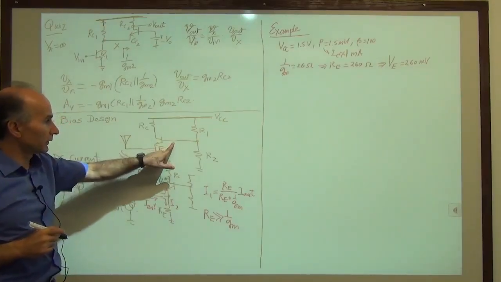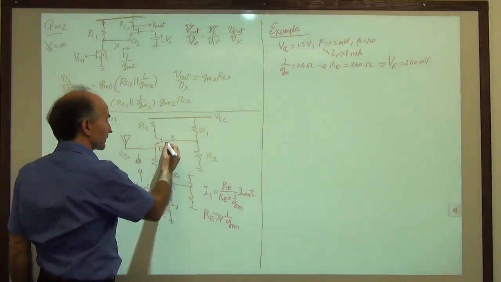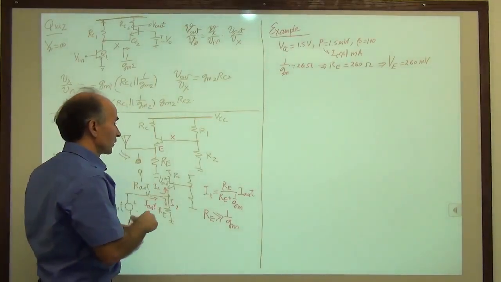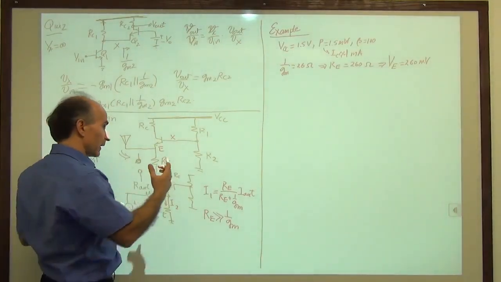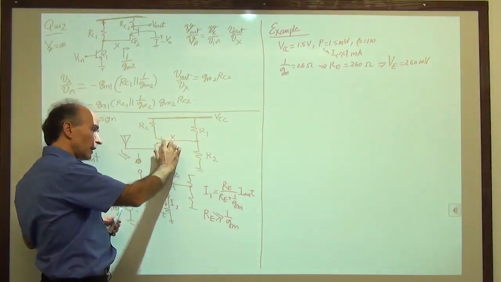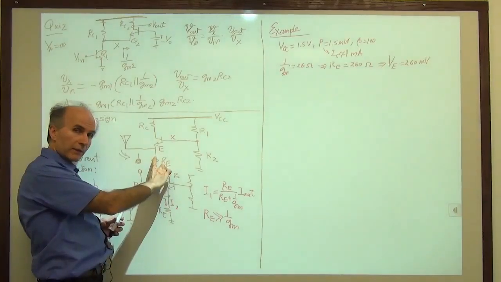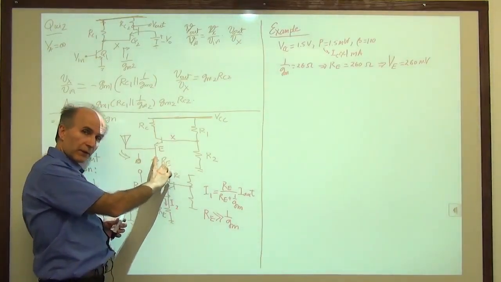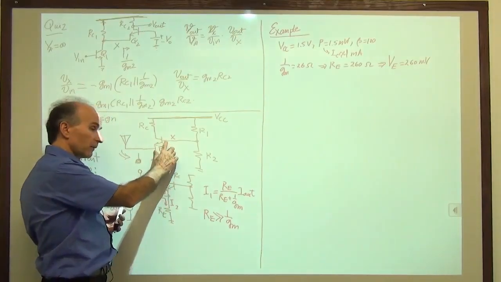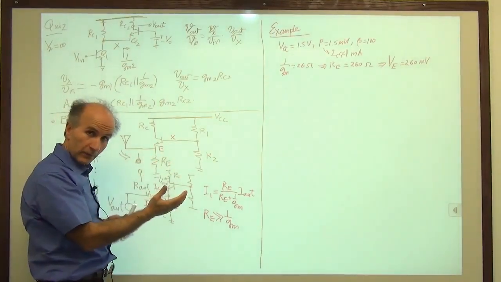How about this voltage, Vx? How do I choose this? Well, we write the KVL in our mind. Vx is equal to VBE plus the voltage across RE. The voltage across RE is about 260 millivolts, and the base emitter voltage is about 800 millivolts.